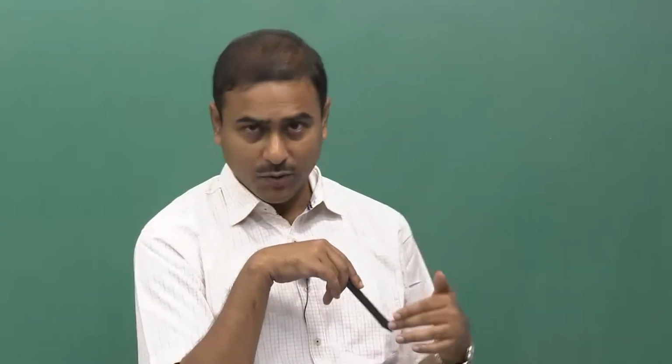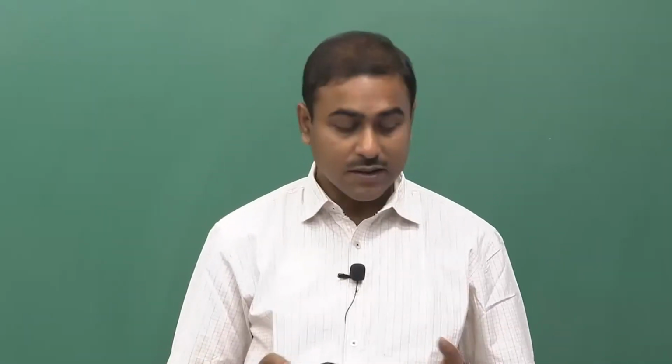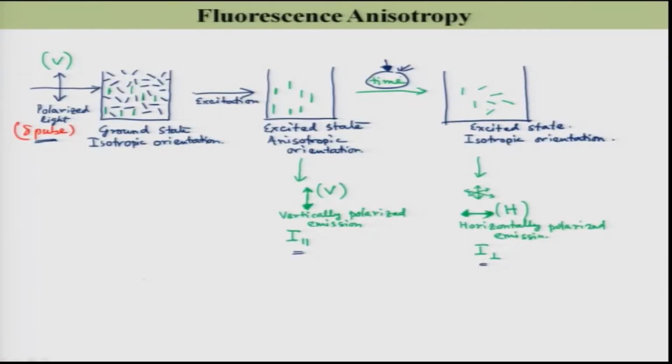So, whatever I said we can write in terms of an equation. I can define a term called anisotropy, denoted as R equal to I parallel minus I perpendicular, divided by I parallel plus twice I perpendicular.